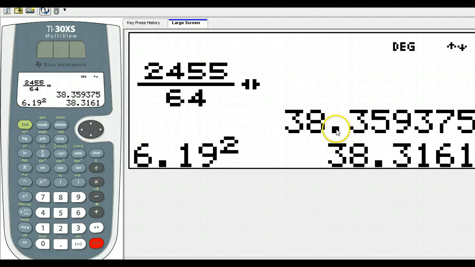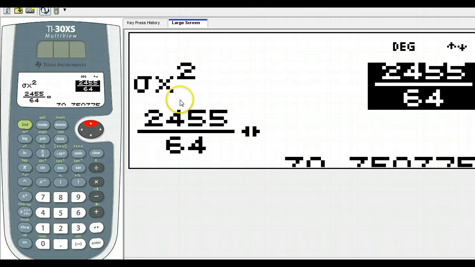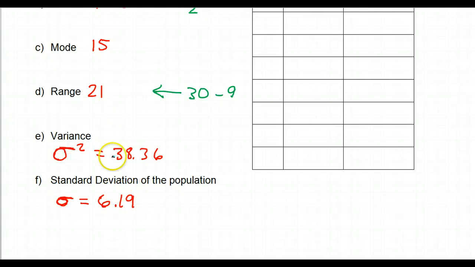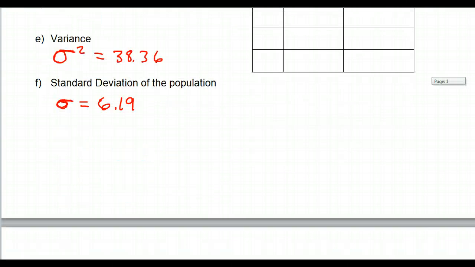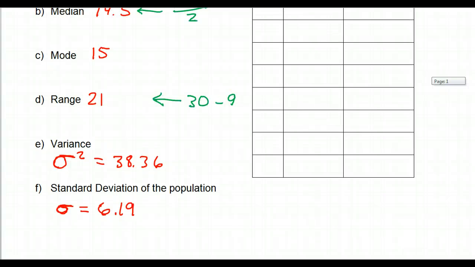Even if I rounded this to one decimal place, this would have been 38.4, rounding up, and this would have been 38.3. So you see by using 6.19, it's a little bit off, so it's much better to use the entire standard deviation and square that instead of rounding and then squaring. All right, so that is how you can use your calculator to find all of these things.